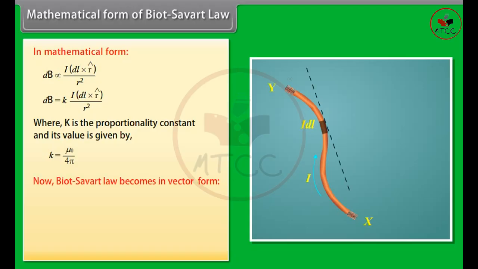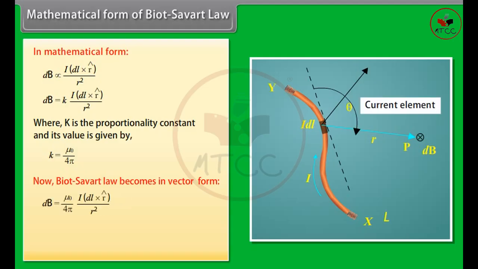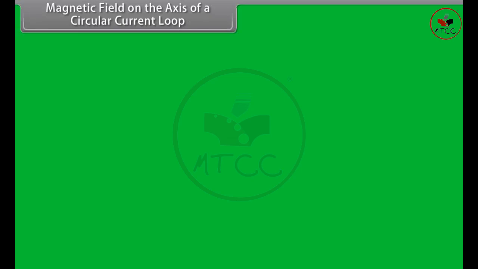Now Biot-Savart law in vector form is given by dB is equal to mu naught upon 4 pi multiplied by I and cross product of dl and r cap divided by r square. And in magnitude form, dB is equal to mu naught upon 4 pi multiplied by I dl sine theta divided by r square. Magnetic field on the axis of a circular current loop.